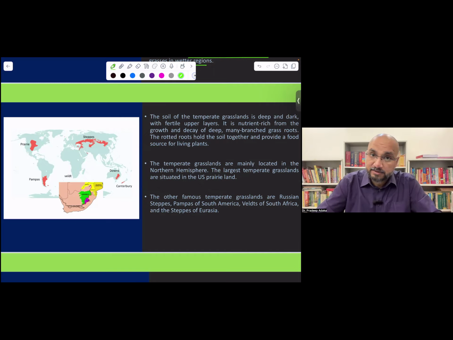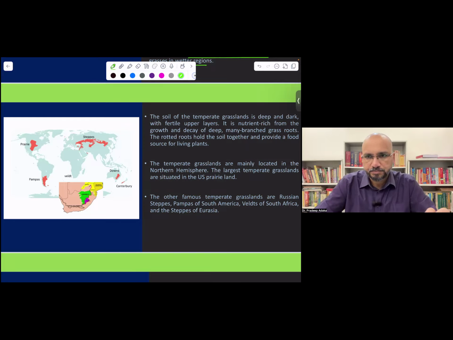But the organic matter will not decompose very fast because of low temperatures. Here the temperatures are not very high, especially in the winter season when there can be snowfall also, as in the case of interior parts of North America, the Midwest. You have three to four months of snow.